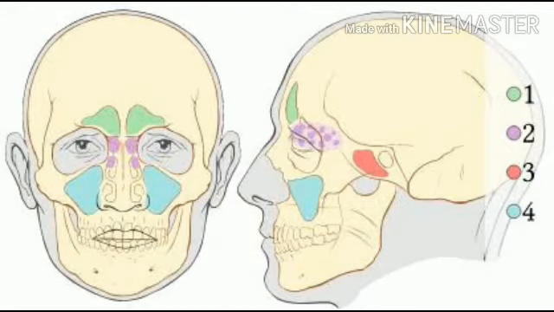Functions of the paranasal air sinuses include air conditioning of the inspired air, reducing the weight of the skull, acting as a protector of the eye in trauma, giving resonance to the voice, and thermally insulating the skull base and orbit.